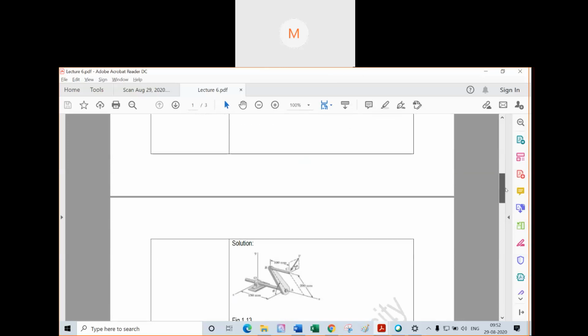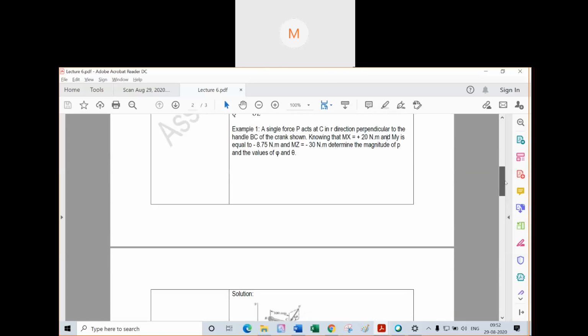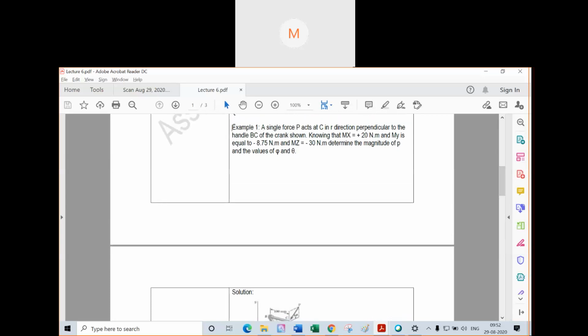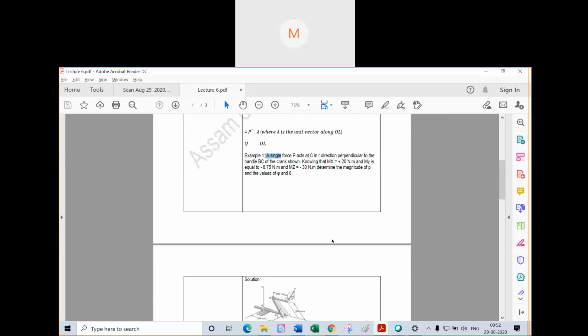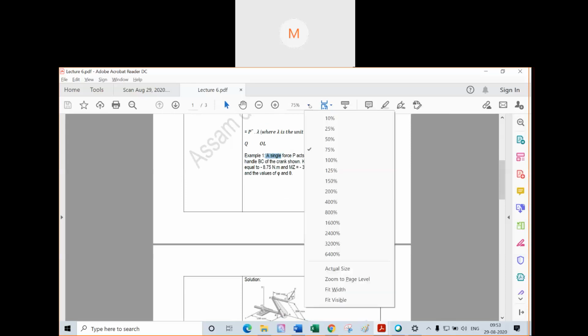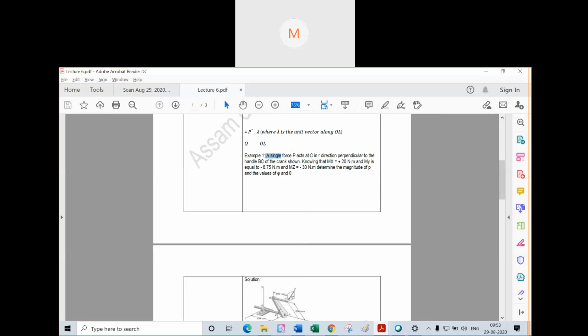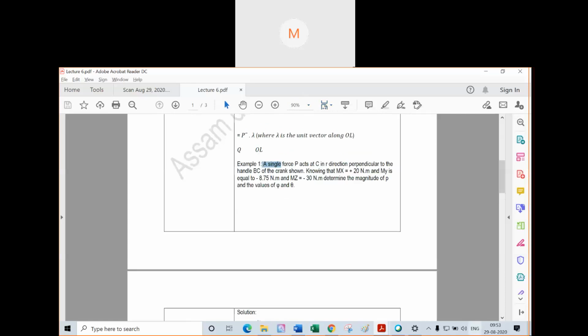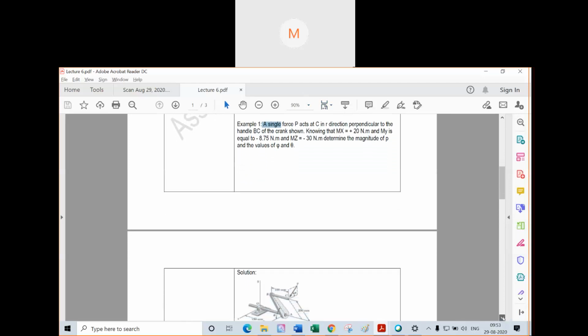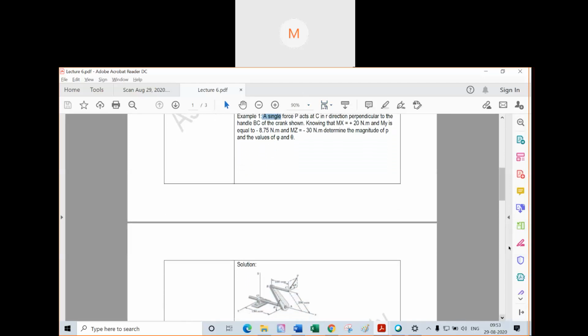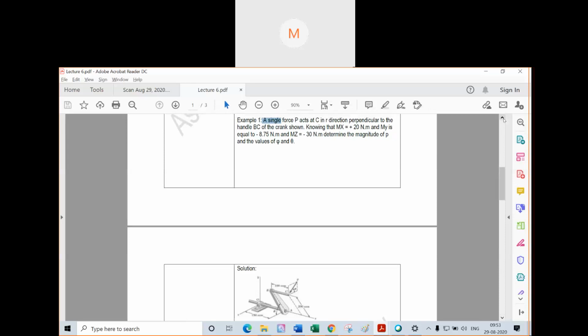We'll try to solve it in the next class or something like that. Look, this is a single force P.